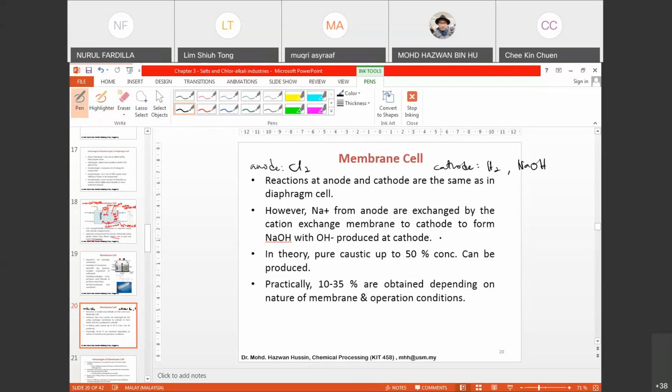However, the sodium ion from the anode is exchanged by the cation exchange membrane to the cathode to form sodium hydroxide with hydroxide ion OH minus produced at the cathode. In theory, pure caustic up to 50% concentration can be produced. This is slightly better compared to the diaphragm cell. Practically, 10 to 35% is obtained depending on the nature of the membrane and operating conditions.